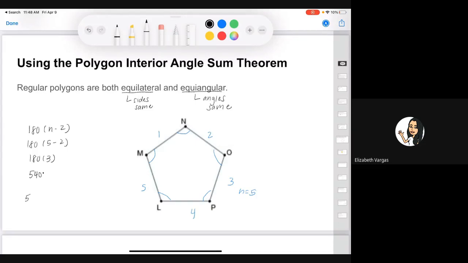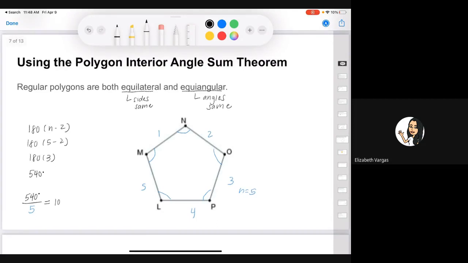Basically, I could take the total measure of all the interior angles and divide it by the number of sides, because all the angles will be the same, and that will tell me that each of my angles is equal to 108 degrees.